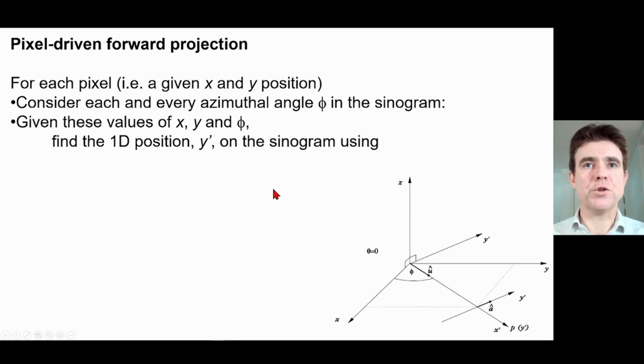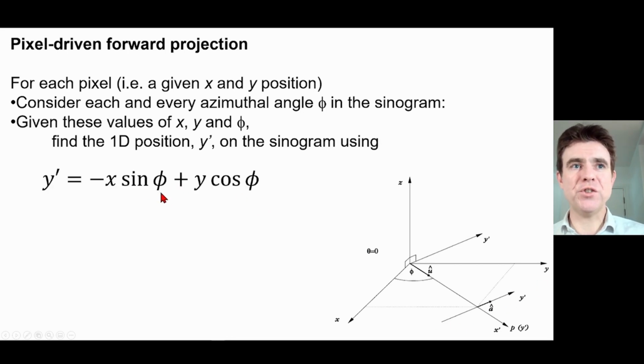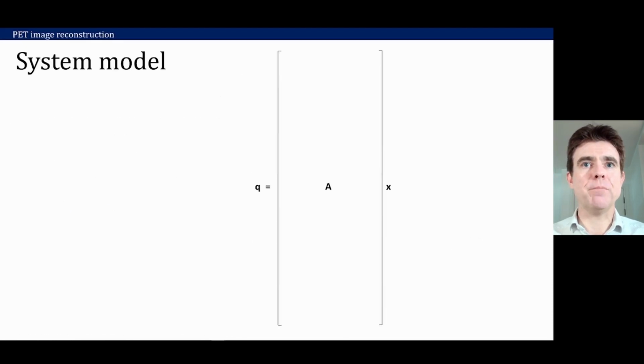I'll take you through the code, but if you do the mathematics of considering any point xy in this plane, and see where it projects to along angle phi on this projection, we'll be calculating a radial position, which I'm calling y prime, of the projection. This is how we take an xy pixel coordinate for a viewing angle phi and project it to a radial coordinate on a sinogram, which I'll be calling y prime.